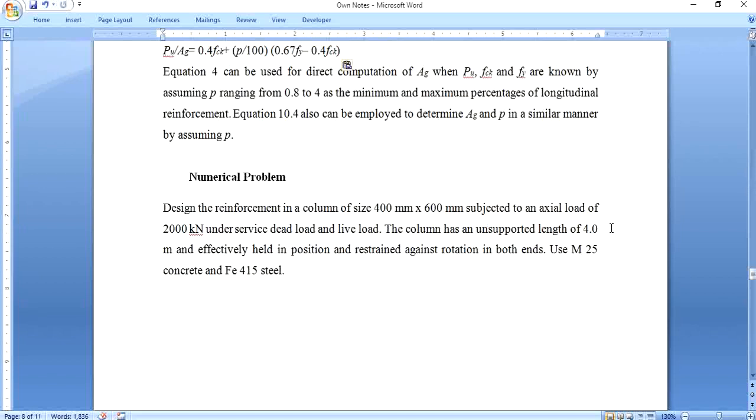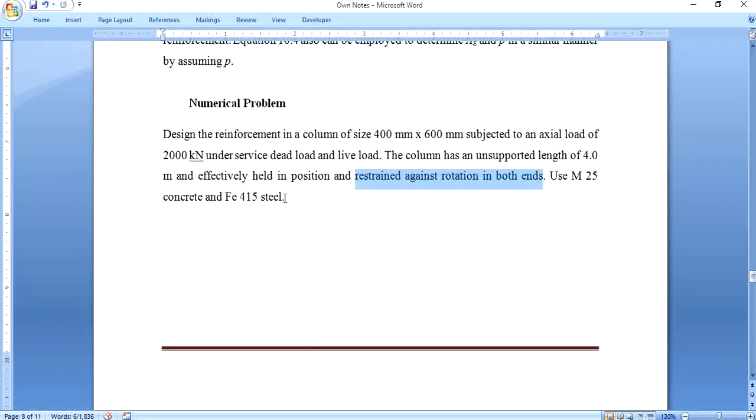The unsupported length is 4.0 meter, effectively held in position and restrained against rotation. This point we have to note, so underline it if you want. Restrained at both the ends. Use M25 grade of concrete and Fe415 steel. So we need to design the reinforcement over here.